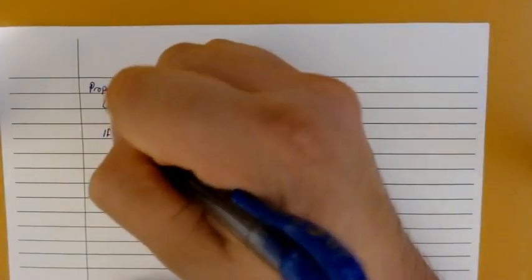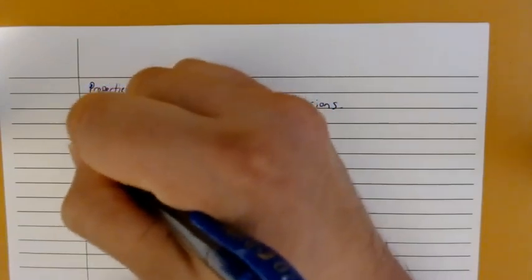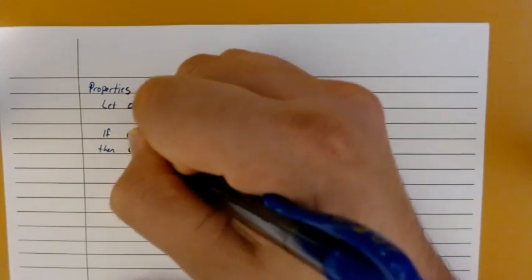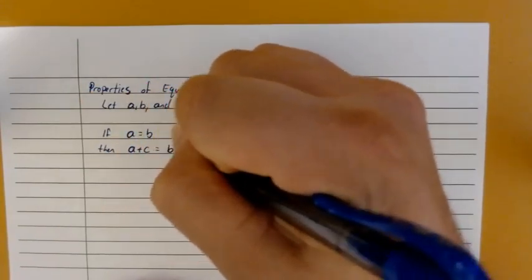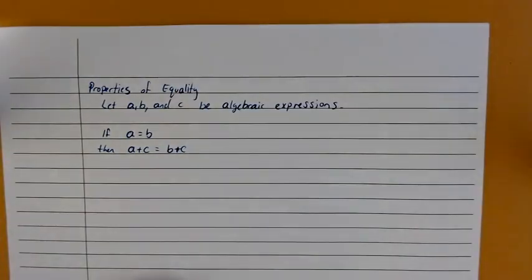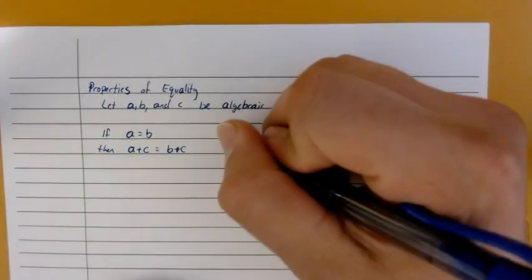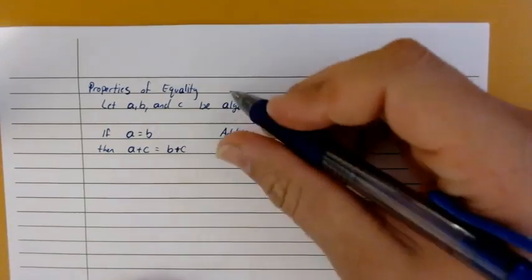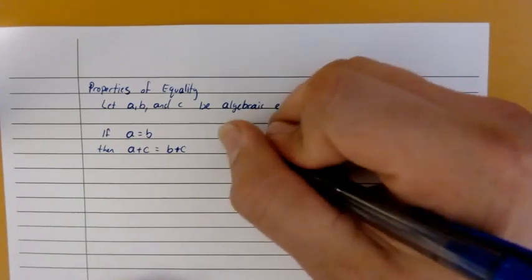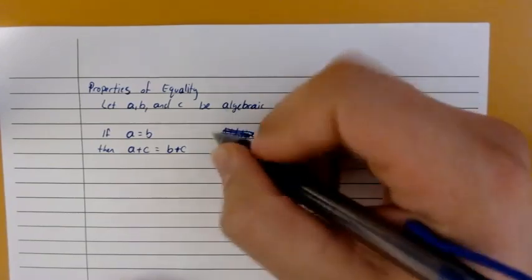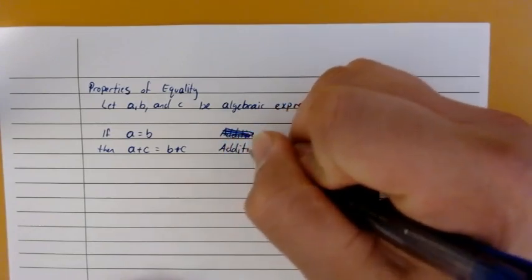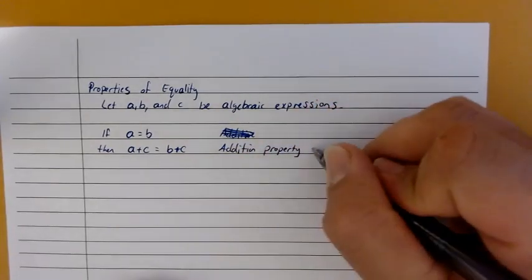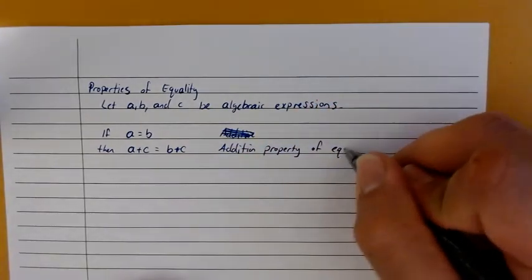If A is equal to B, then A plus C is equal to B plus C. This is called the additive property of equality. The addition property of equality.